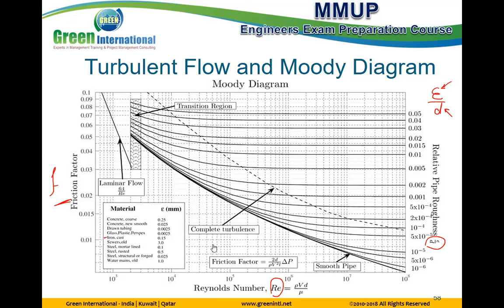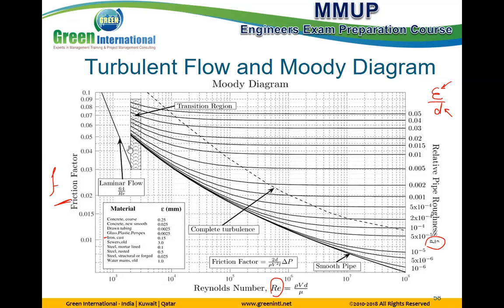Okay, this is the first thing. Second thing, the classification. You will see here this line is a linear, straight line. What does this linear line represent? The relation during laminar flow. So the relation between the Reynolds number and the friction factor is linear.